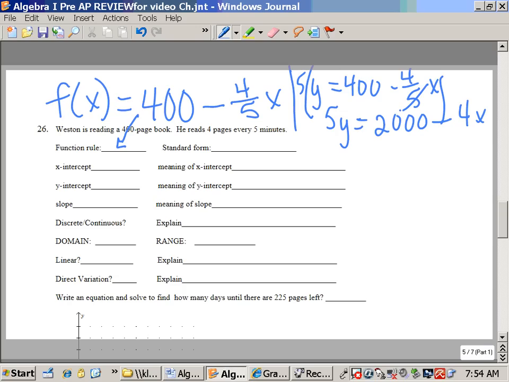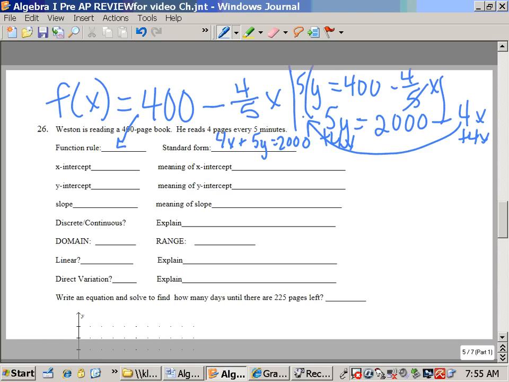The 5's cancel. Where does the 4x need to go? In the front? So I need to add it to both sides. Plus 4x plus 4x. And I end up with 4x plus 5y equals 2,000.